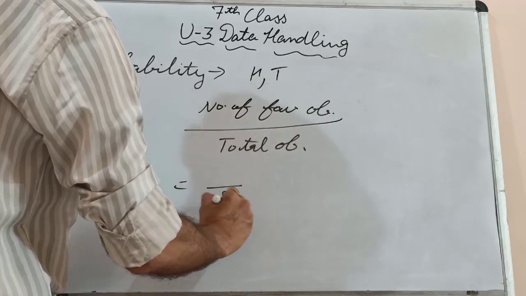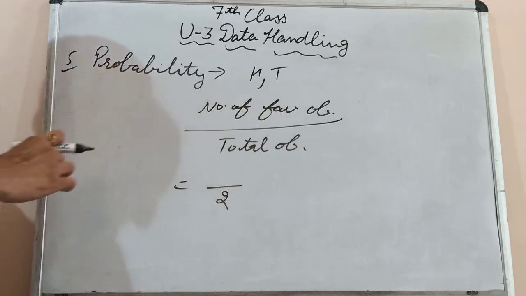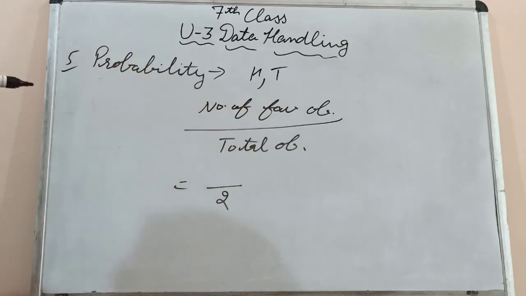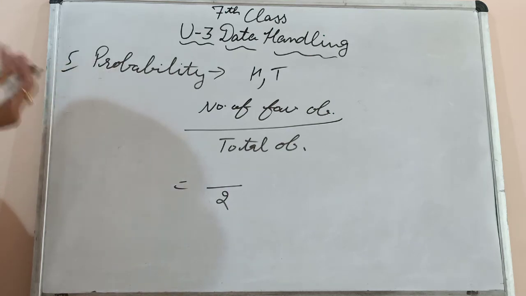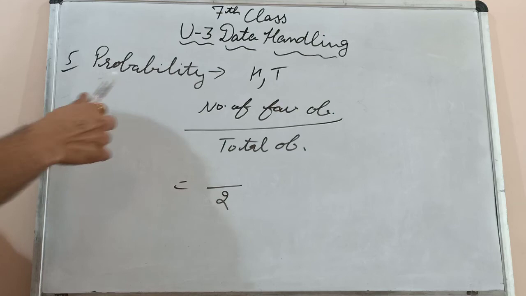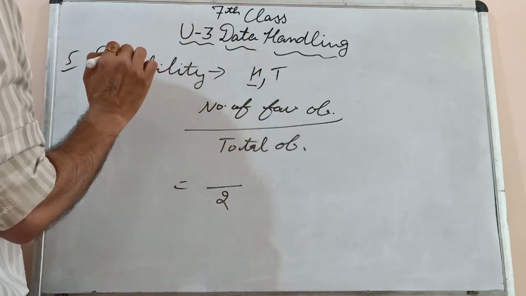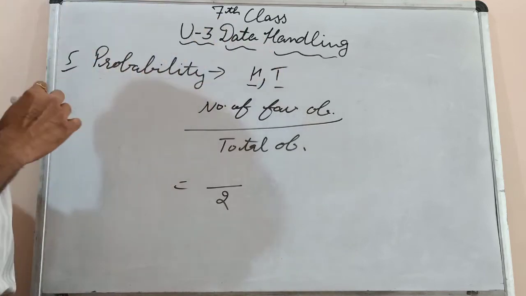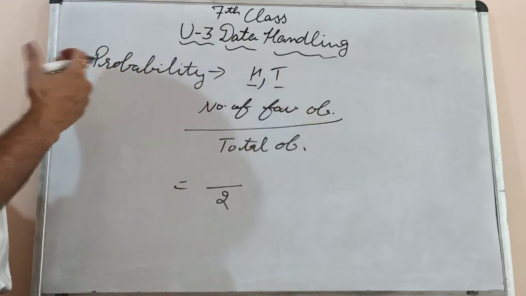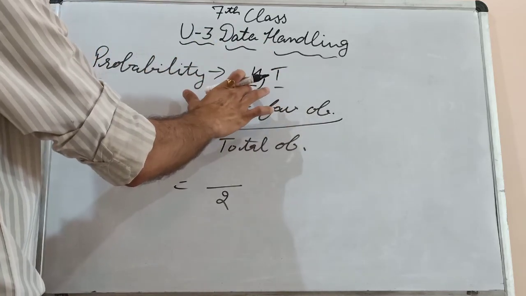Here total observations are 2, and suppose you toss the coin and by getting head you will start the game, or your team will start the game. So by getting head, so head will come only once. Okay, and tail, similarly tail will come once. One time ये आएगी, one time ये आएगी.